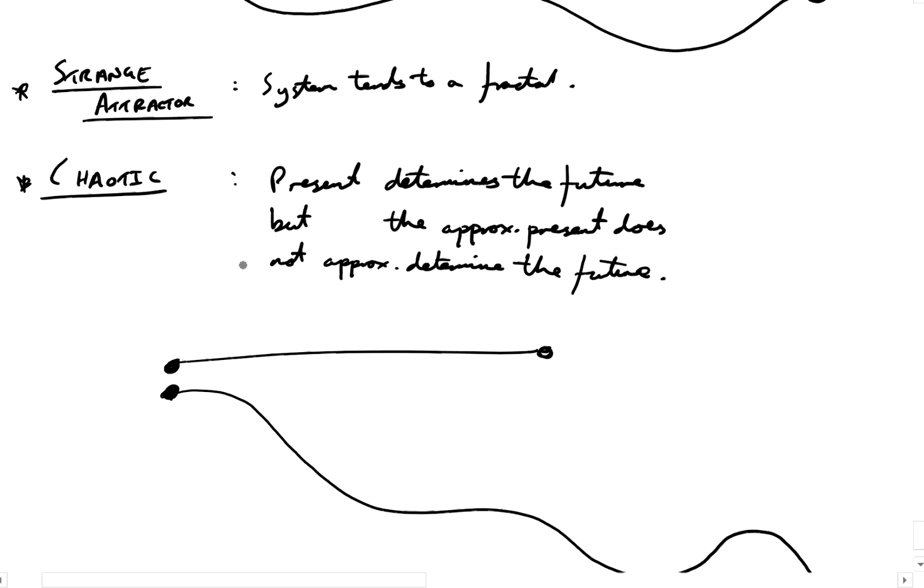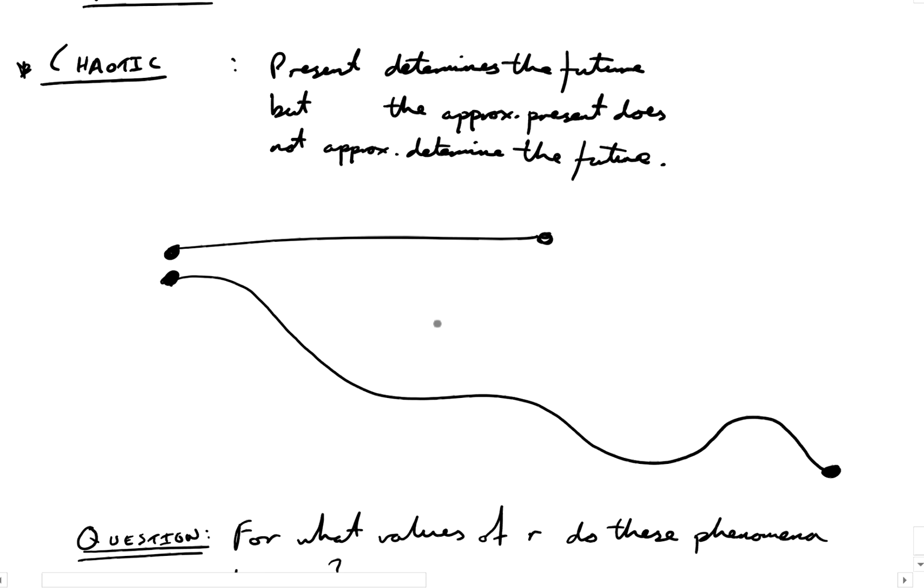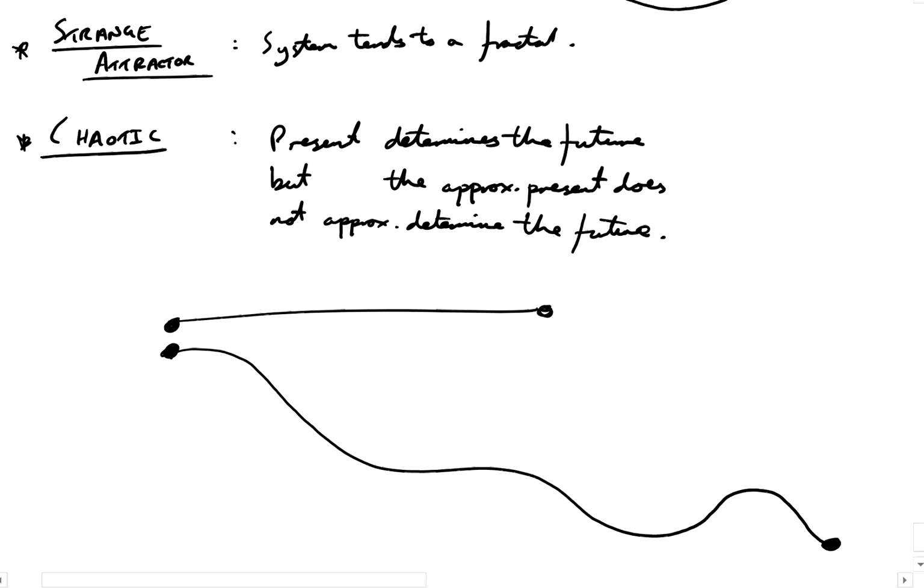If you can visualise my example, that's much better. So the present determines the future, but the approximate present does not approximately determine the future. In other words, if we vary the value ever so slightly, we end up with a different result. I hope I made that a little bit clear.